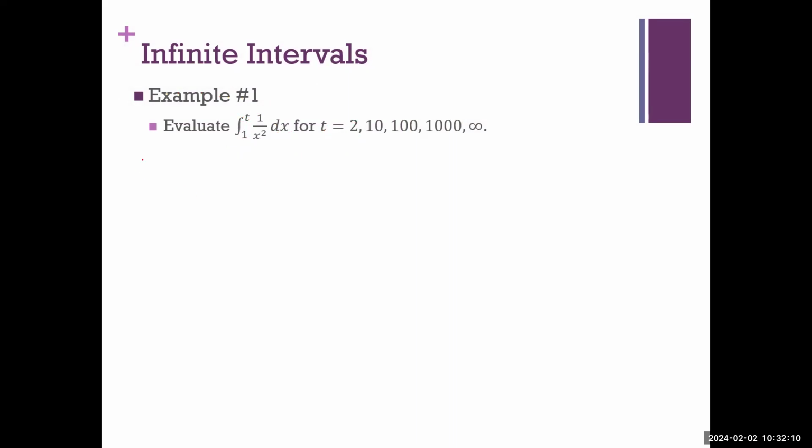Before I do that, I'm going to draw in the margin a picture of what this graph looks like. 1 over x squared looks something like this. We've got a vertical asymptote at the y-axis, and as x gets bigger, we get closer and closer to the x-axis. So there's a vertical asymptote at the y-axis and a horizontal asymptote at the x-axis.